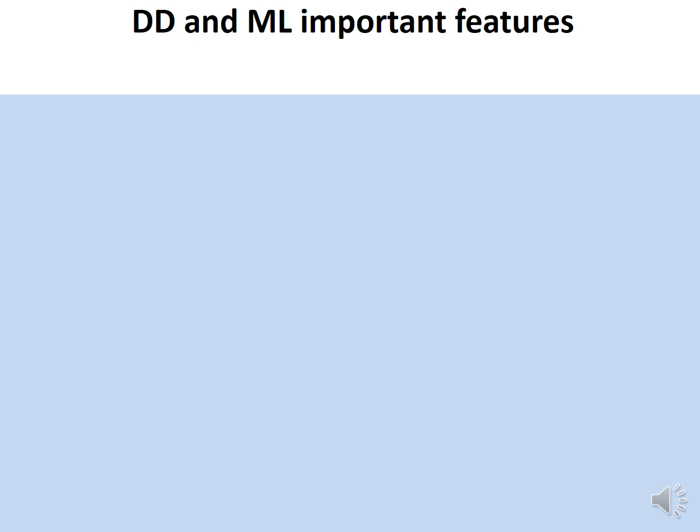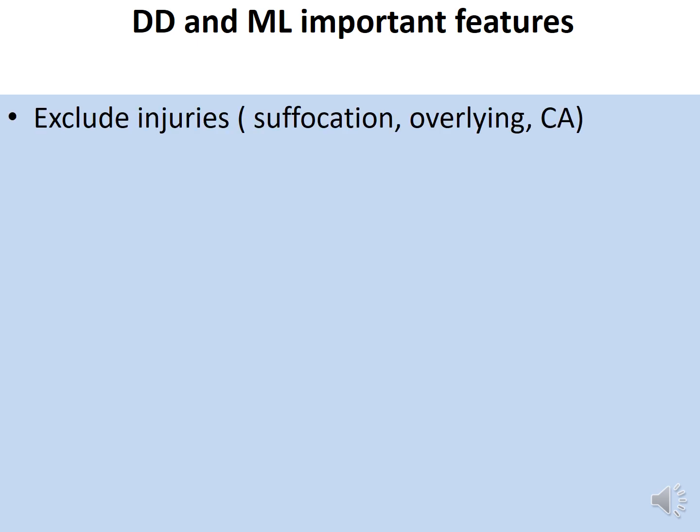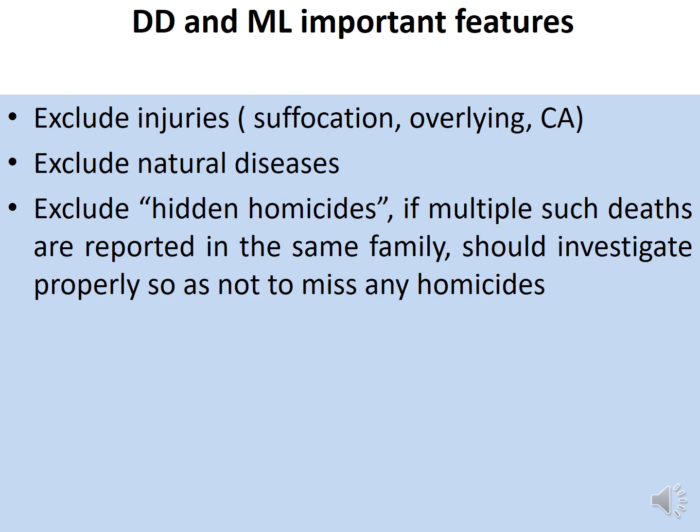What are the differential diagnosis and medico-legal important features in relation to SIDS? You have to always exclude injuries such as suffocation, overlaying, or the possibility of child abuse. You have to definitely exclude that. And also you have to exclude natural diseases as well, and importantly you have to exclude hidden cases of homicides as well.